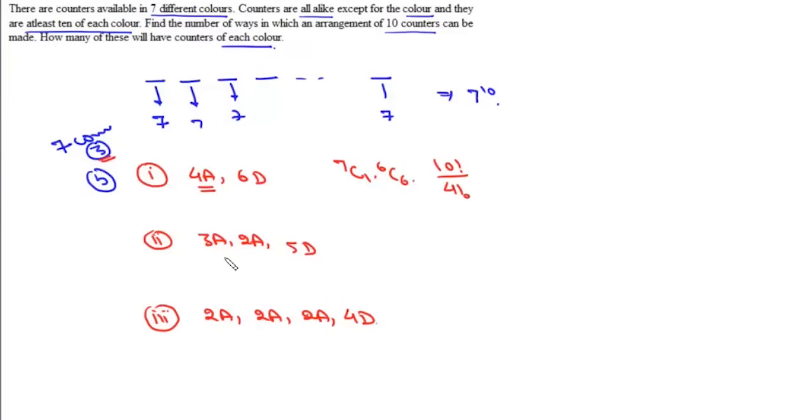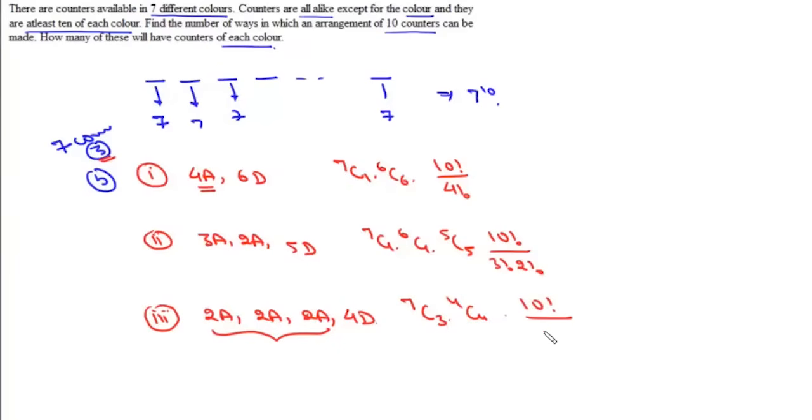Now for the second case, 3 alike, it is 7C1, 2 alike, it is 6C1, 5C5, factorial 10 divided by factorial 3, factorial 2. Now 2 alike, 2 alike and 2 alike will be 7C3 and then 4C4 into factorial 10 divided by factorial 2 cube.